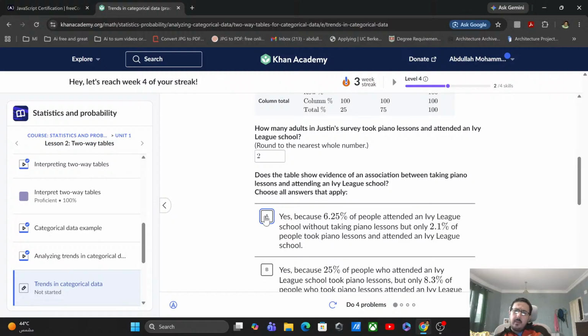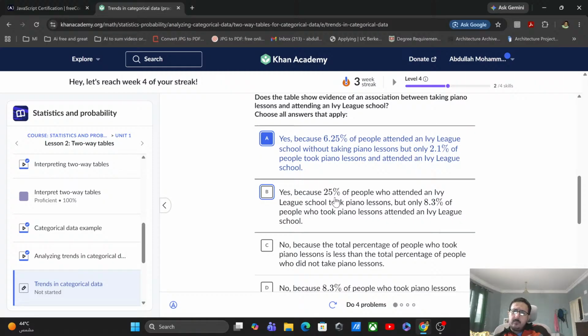What does that mean? This means that not taking piano lessons means who attended an Ivy League school took piano lessons. Only 8.3% of people who took piano lessons attended an Ivy League school.